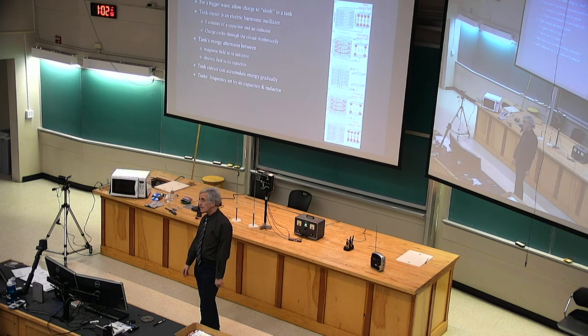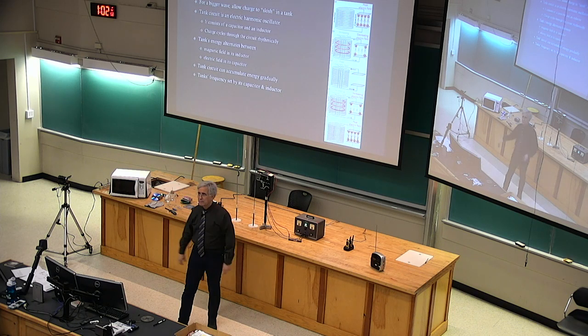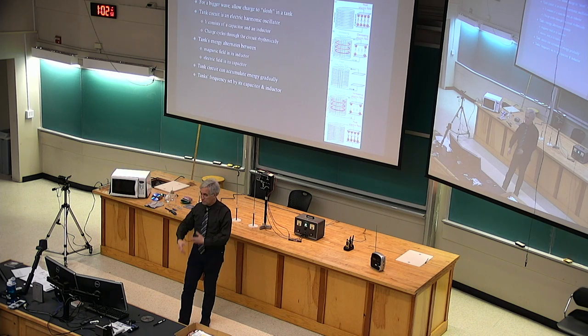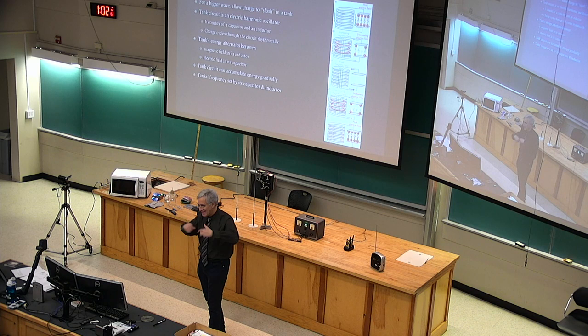Okay. So a tank circuit is a resonant system. That is, it has a favorite frequency at which things rhythmically happen. You're familiar with resonant systems like the string of a guitar. You pluck it, it's got a frequency that's created by the mass of the string, the length of the string, the tension of the string.